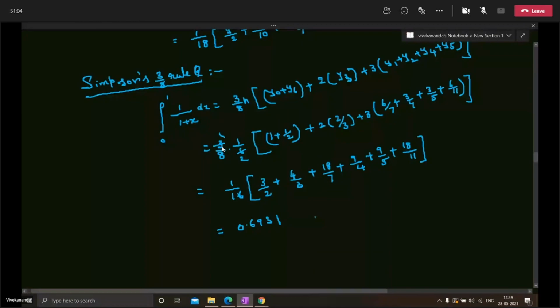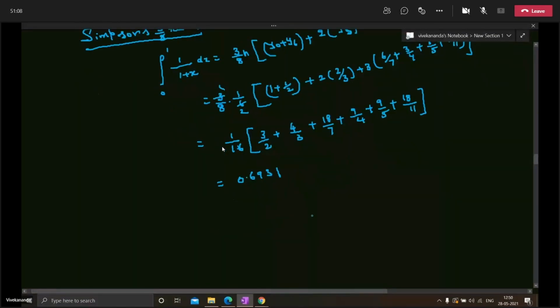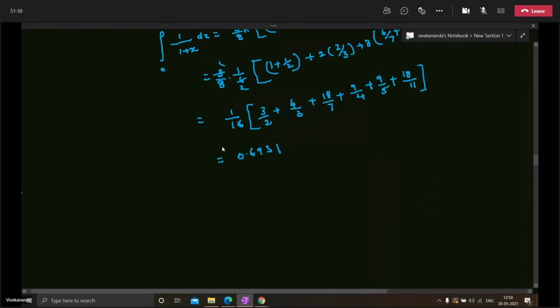Integration using 3 rules. Now, here is the actual value. So the integration from 0 to 1, 1 by 1 plus x dx. What is the integration of 1 by 1 plus x?